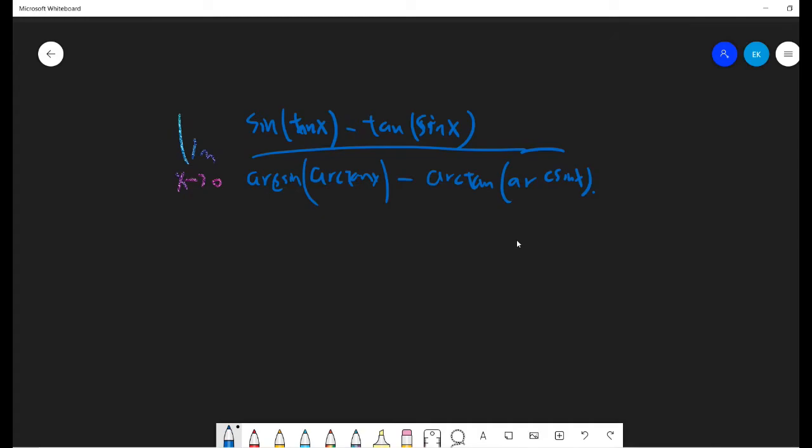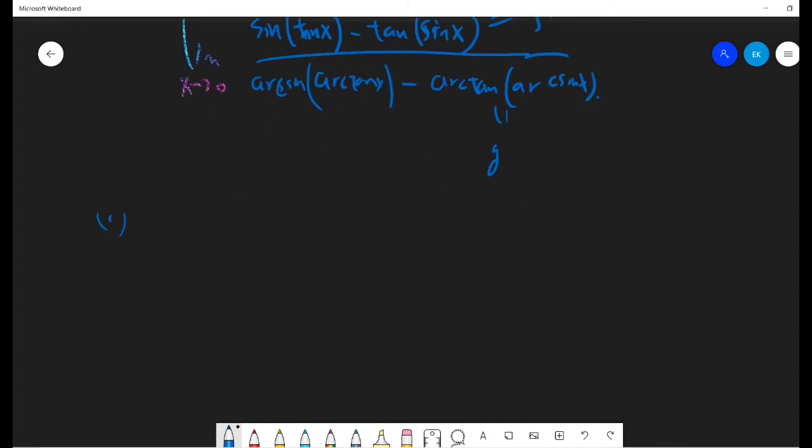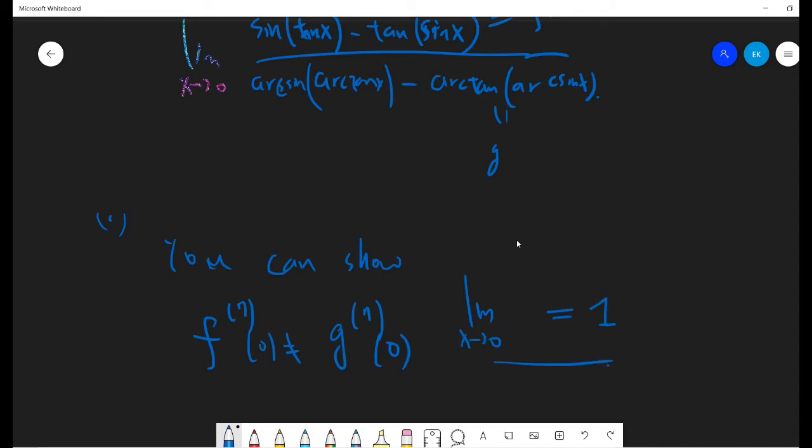So the problem is that if this is f, this is g, and your computation power is very very large, then you can show that until you do the seventh derivative, the answer will be non-zero, and actually the limit is equal to 1. Okay, so it sucks that there's no easy way to get this answer.